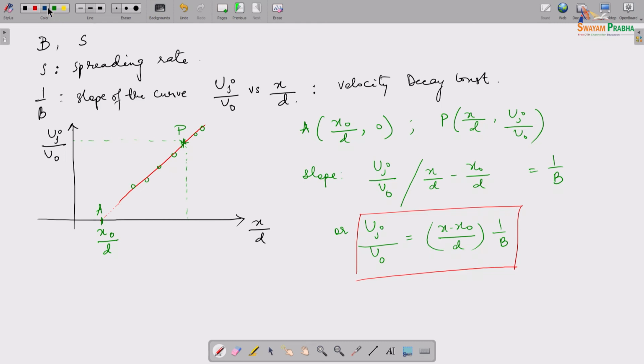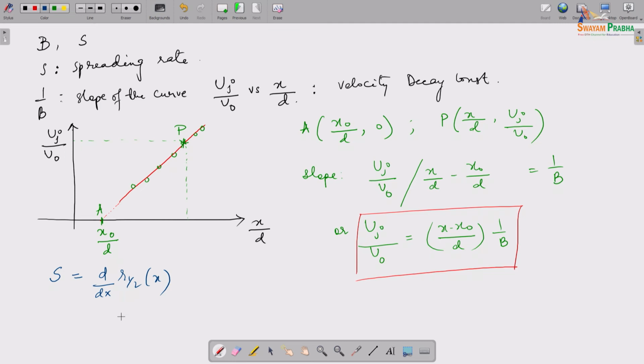S is actually, we basically said S is essentially how the jet half width changes over time. I mean that is what spreading rate is all about.